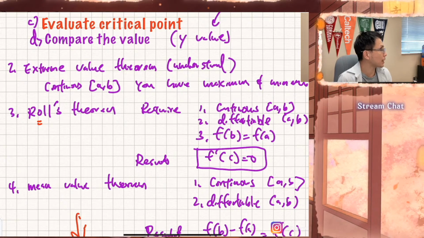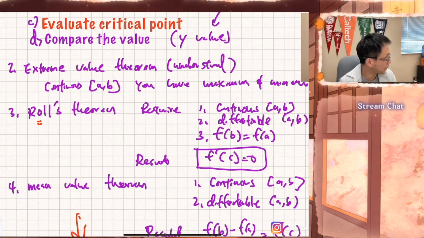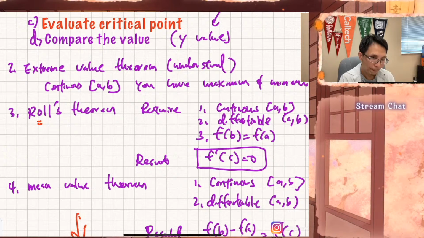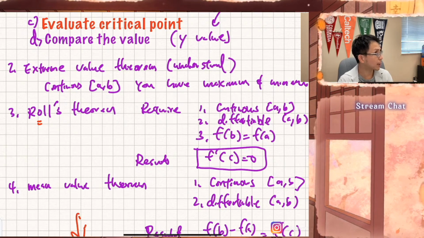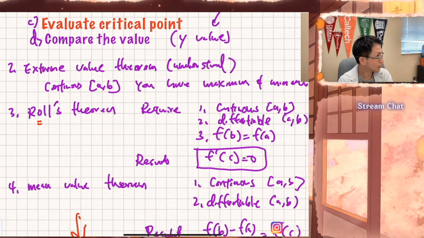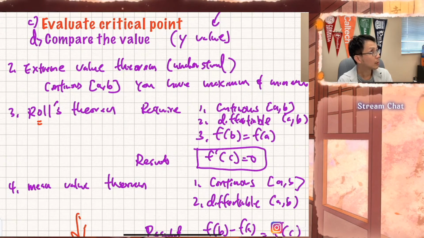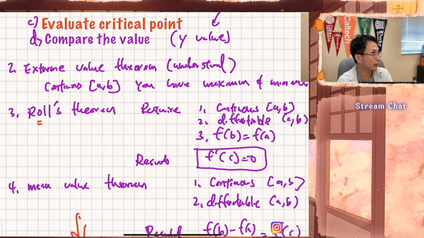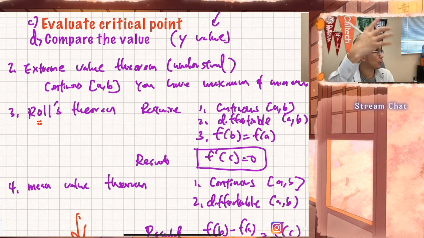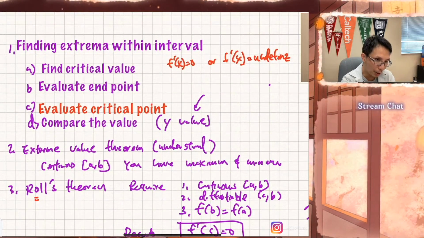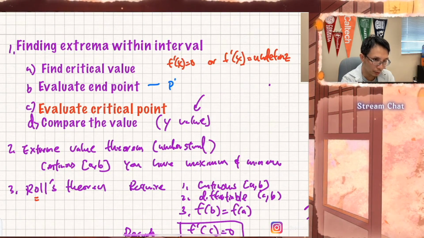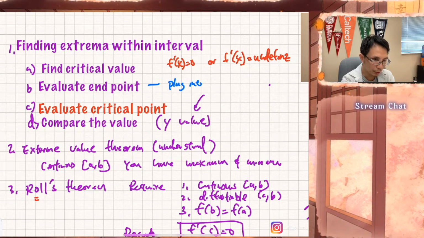You don't compare the x values, you compare the y values, which are the outputs. Do endpoints count? You should calculate the endpoints because an endpoint could be your highest value. What do you mean by evaluate? Evaluate means plug into the original function and see what happens.